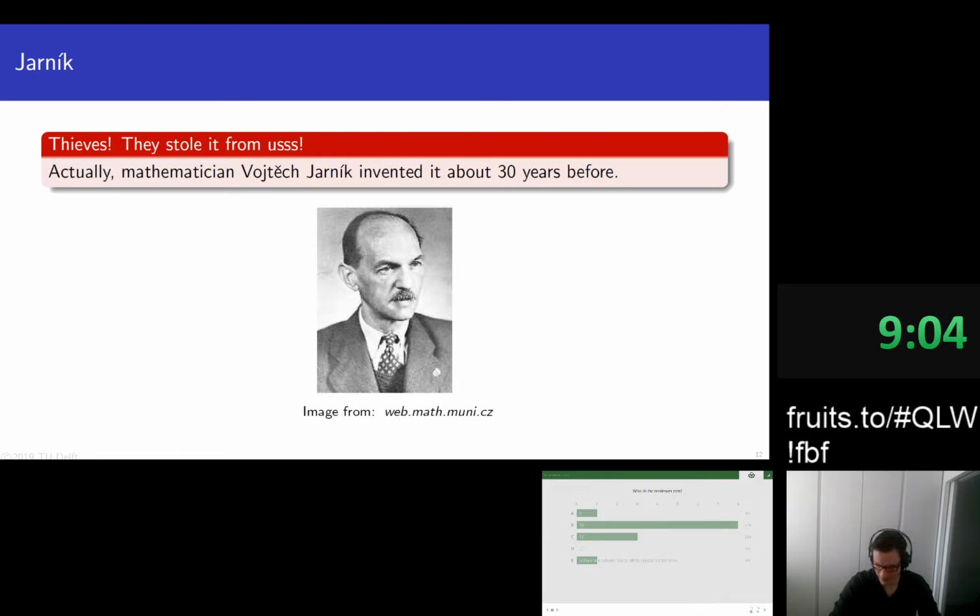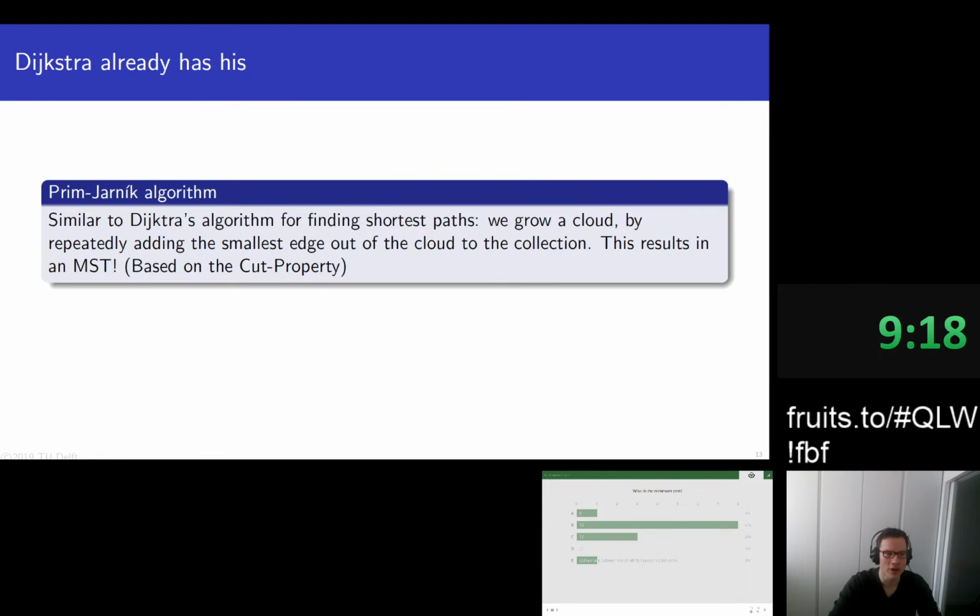And this algorithm should of course have then the name maybe Dijkstra-Prim-Jarnik or something like this. Well, they said, well, Dijkstra, you already have an algorithm, you don't get another one. So we call it the Prim-Jarnik algorithm.